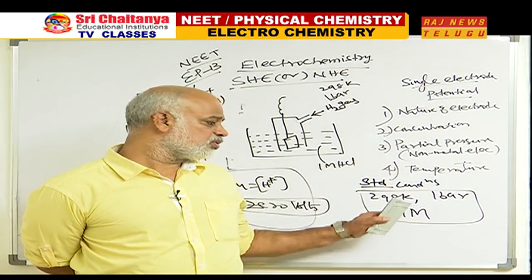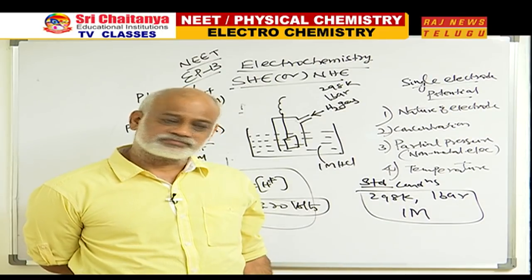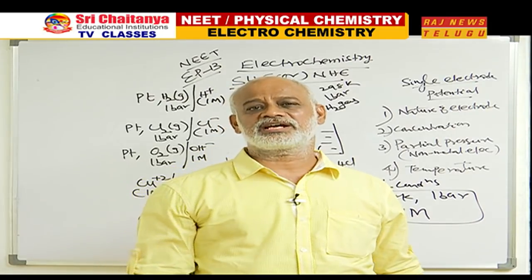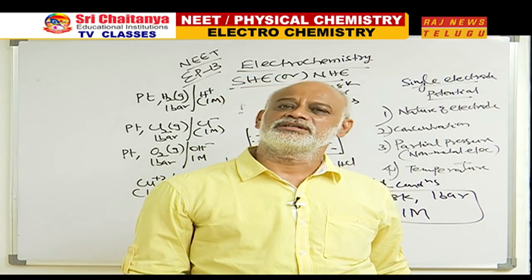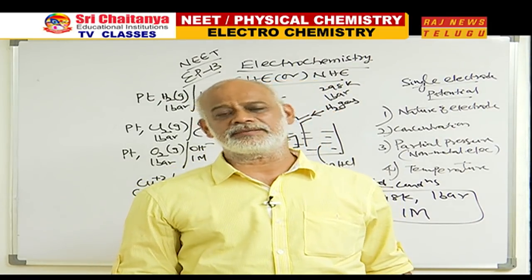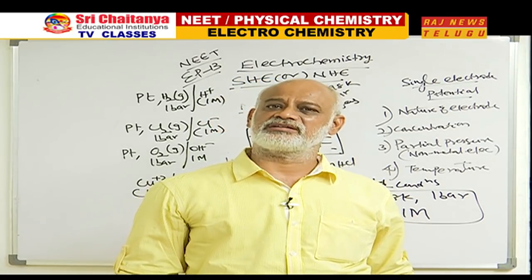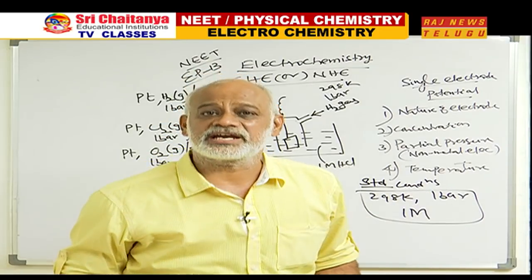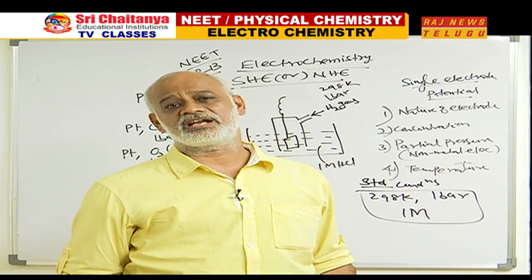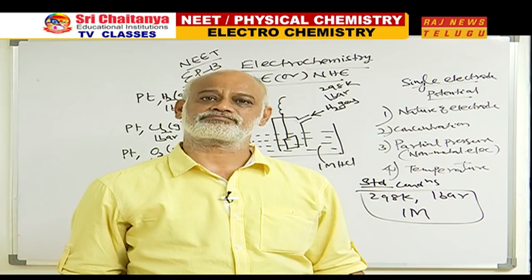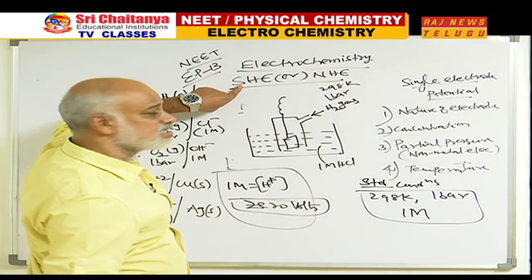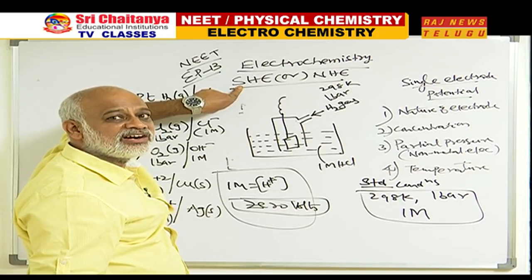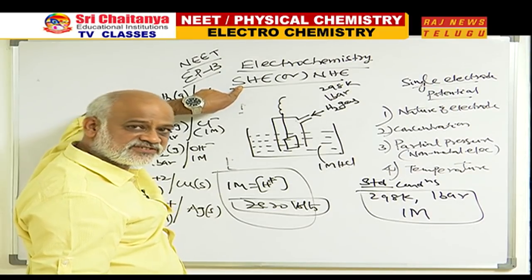They are 298 Kelvin, 1 bar and 1 molar. The electrolyte should be unimolar, and the gas bubbled at 1 bar at 298 Kelvin. Whatever potential you measure then can be called the standard electrode potential. Therefore, when I say standard hydrogen electrode, I am maintaining all standard conditions.